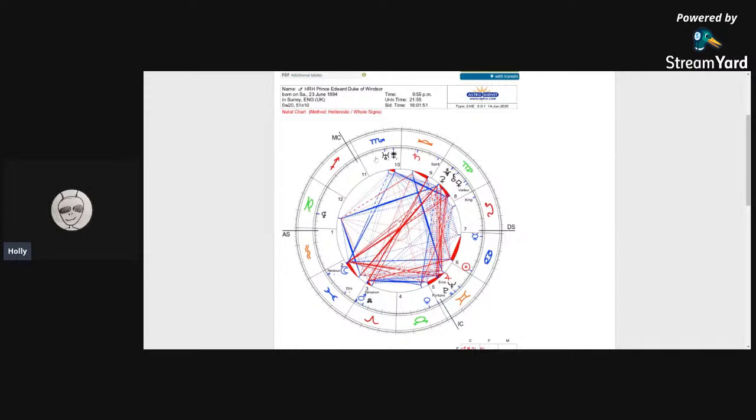If you move to the 10th house, this is your place in the world, your career. This is Scorpio, which is the fixed sign of water.